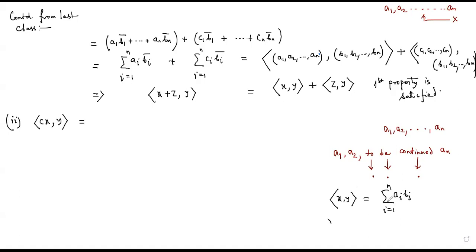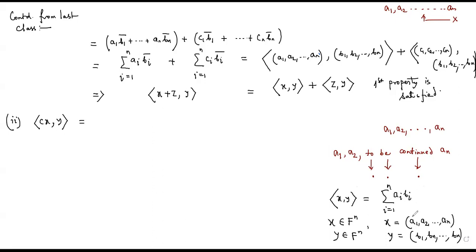Now remember, your vector x is from Fn and your vector y is from Fn. Your vector x is n tuples, and your vector y was also n tuples b1 to bn.